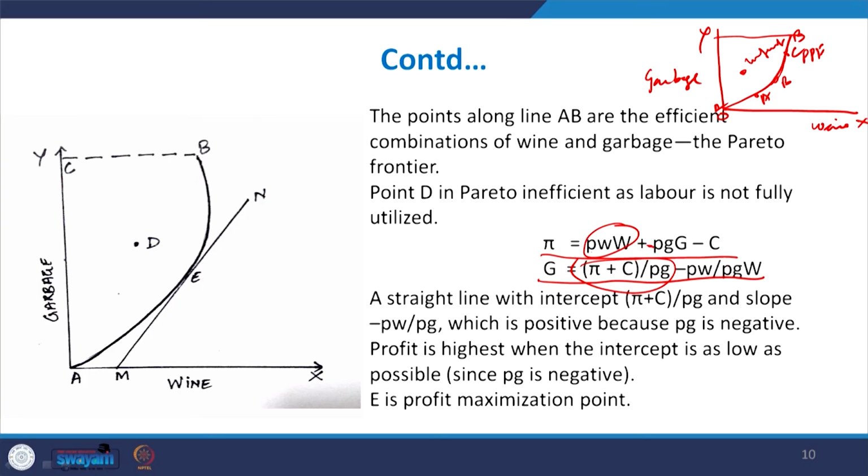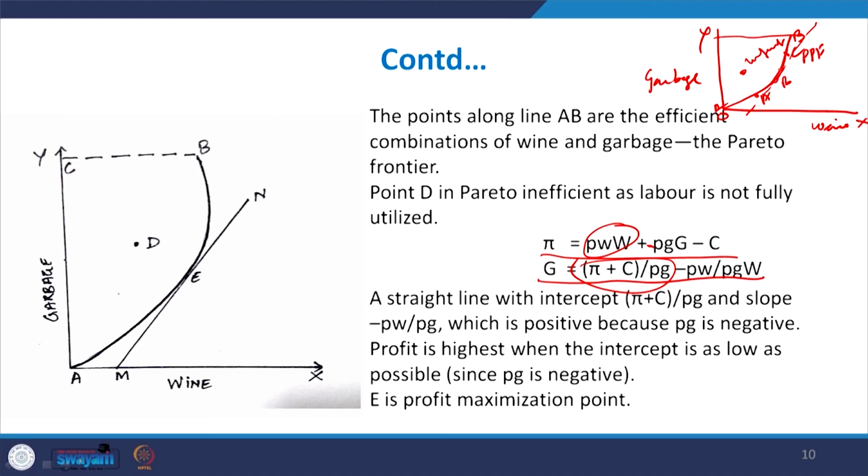This is the point where the MN line is tangent to the production possibility curve. For example, if you draw this line, this will be the efficient point, where the slope of the line is equal to the slope of the production possibility frontier.